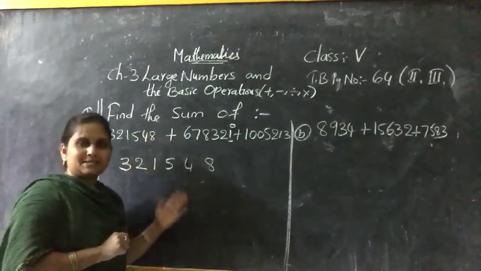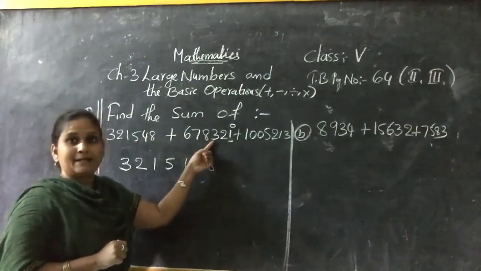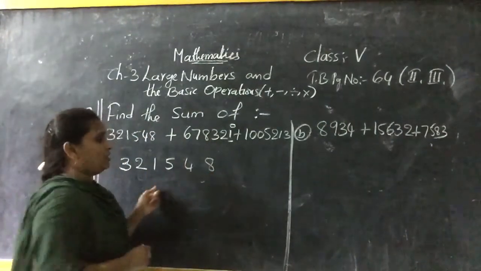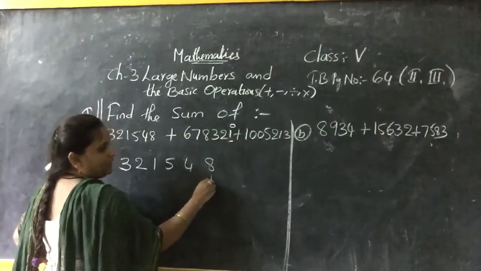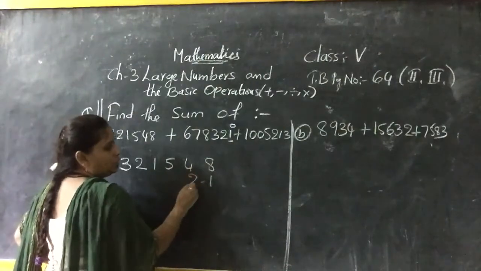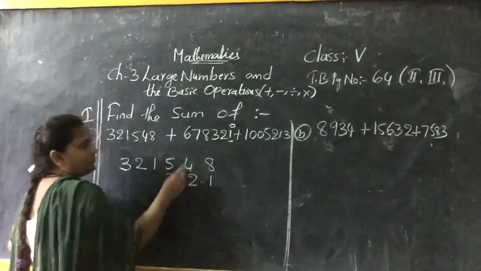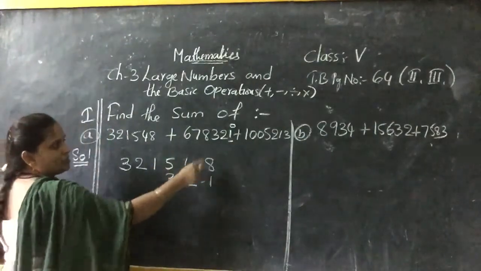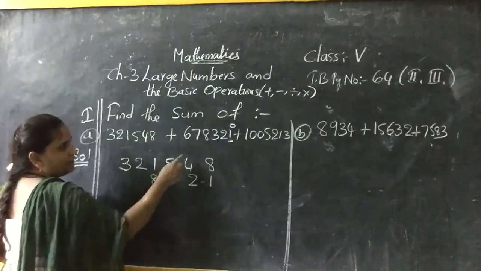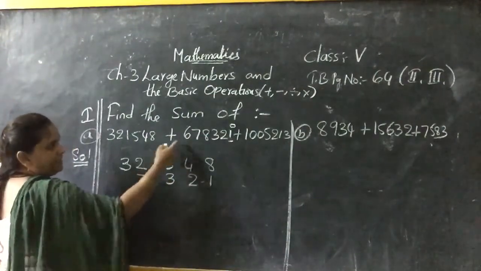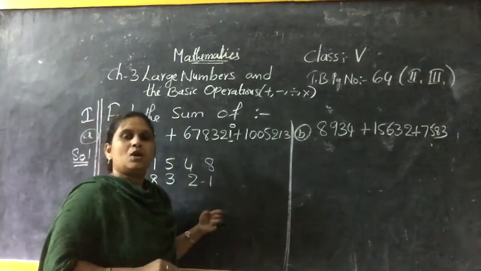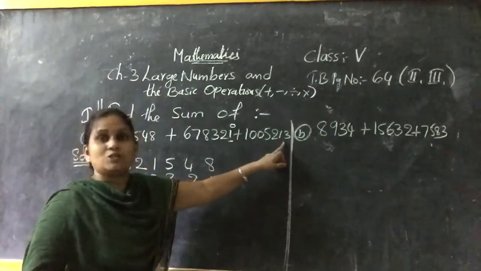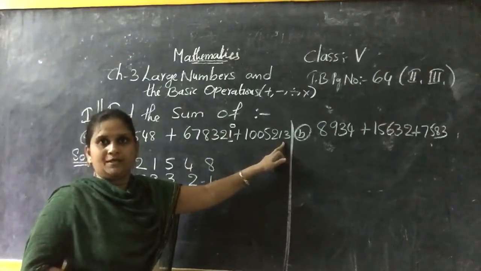The first number is written as it is, but for the second number onwards, write from the ones place. In the ones place, what is the number? 1, in the reverse manner. Next 2, next 3, down below the numbers. Next 8, next 7, next 6. Over. The third number also, copy from the ones place only.